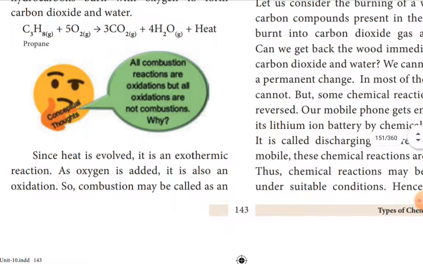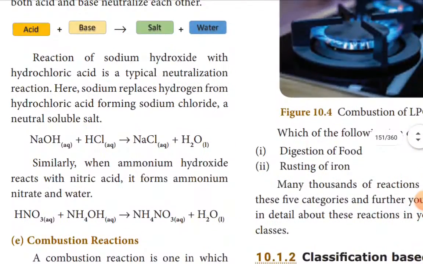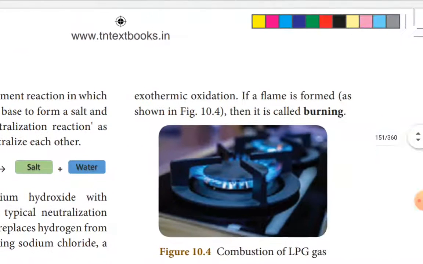And heat is evolved, so it is an exothermic reaction during the burning of fuel. An enormous amount of heat is liberated, so it is an exothermic reaction. Exothermic reaction means a reaction which involves the liberation of heat energy. So combustion may be called an exothermic reaction.